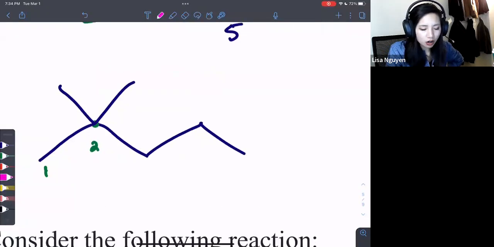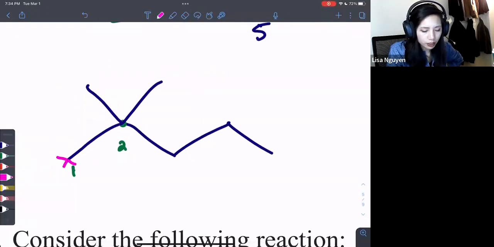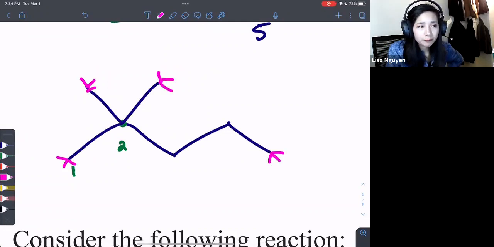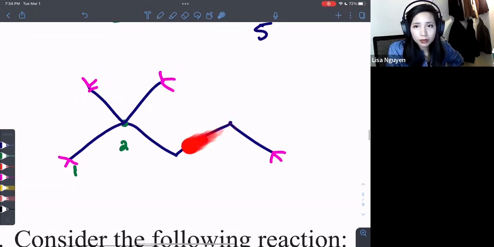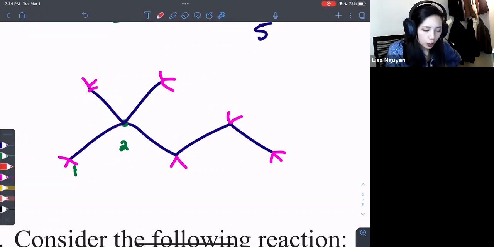So all these end carbons have 3: 1, 2, 3, 1, 2, 3, 1, 2, 3, 1, 2, 3. Then this carbon, because it's already attached to 2 carbons, has 2 hydrogens. This one also has 2, and then be very careful for weird ones like this. Take your time, put yourself in the shoes of that carbon and look around.